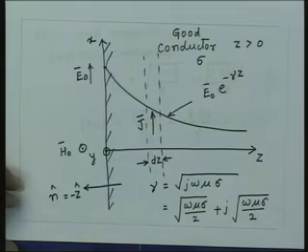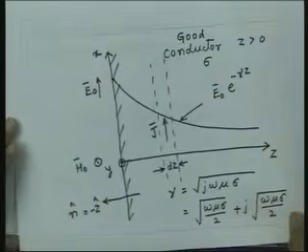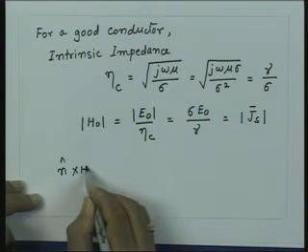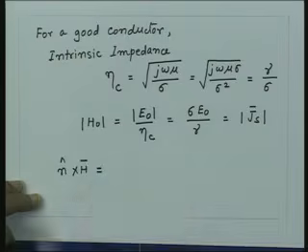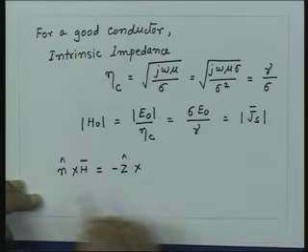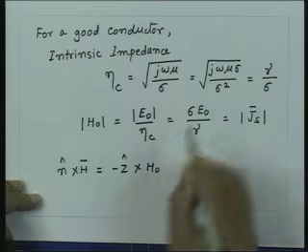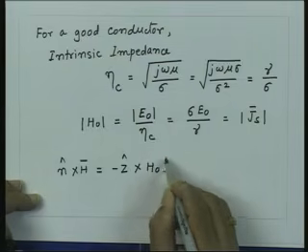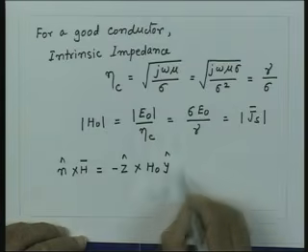So, if I calculate n cross H, where H is oriented in y direction, I will get the orientation of the surface current from here. So, n cross H will be minus z cross magnitude of the magnetic field, and it is oriented in y direction. So, this is y.